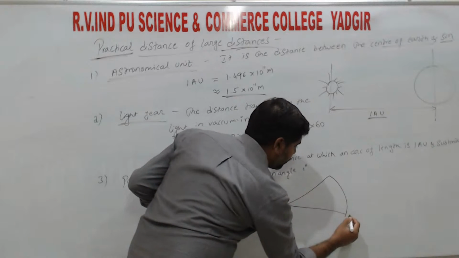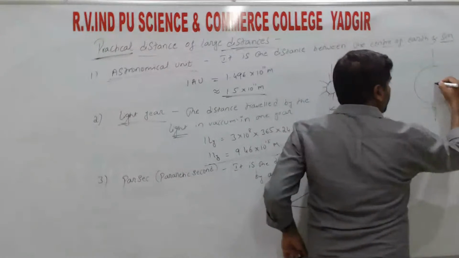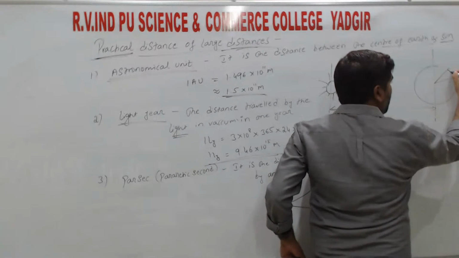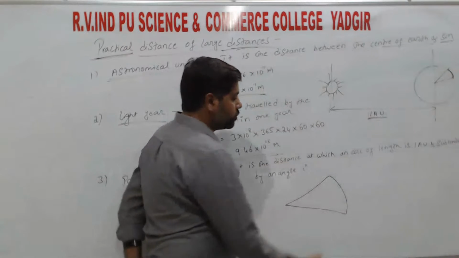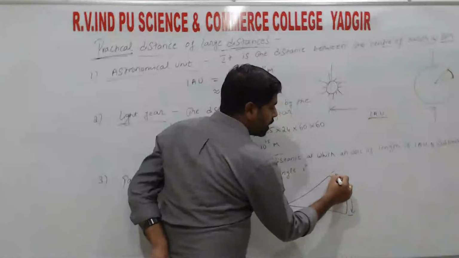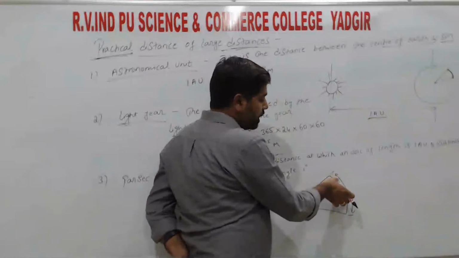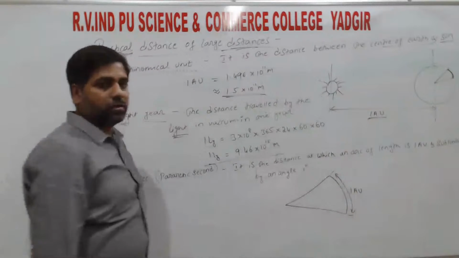If we cut this part from the center of some circle, we call this the arc. So this length we call the arc length. So this length is 1 astronomical unit, right?